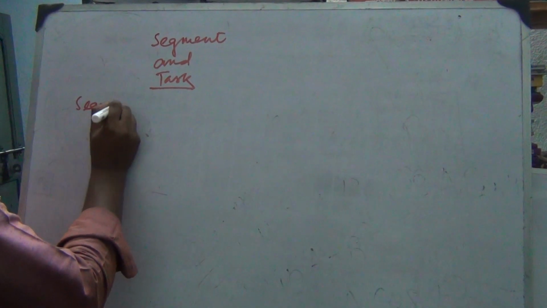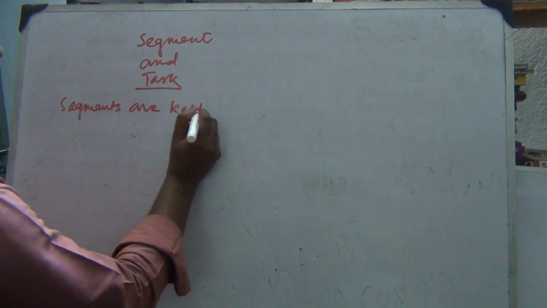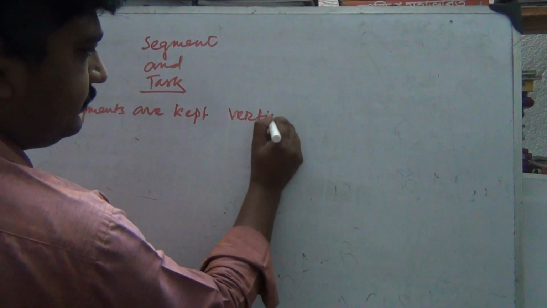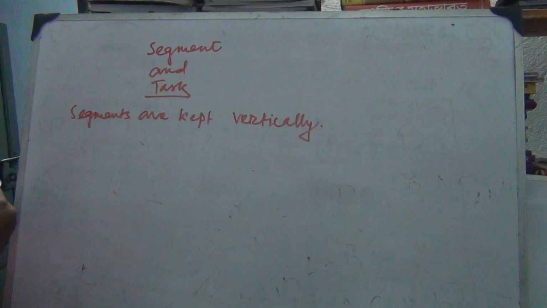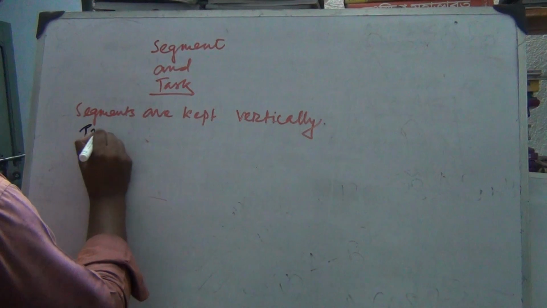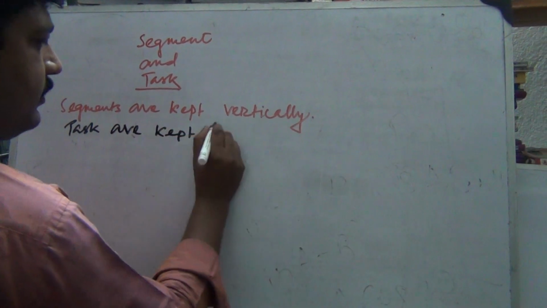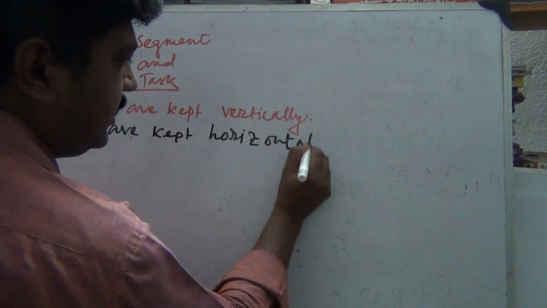Segments are kept vertically and tasks are kept horizontally.